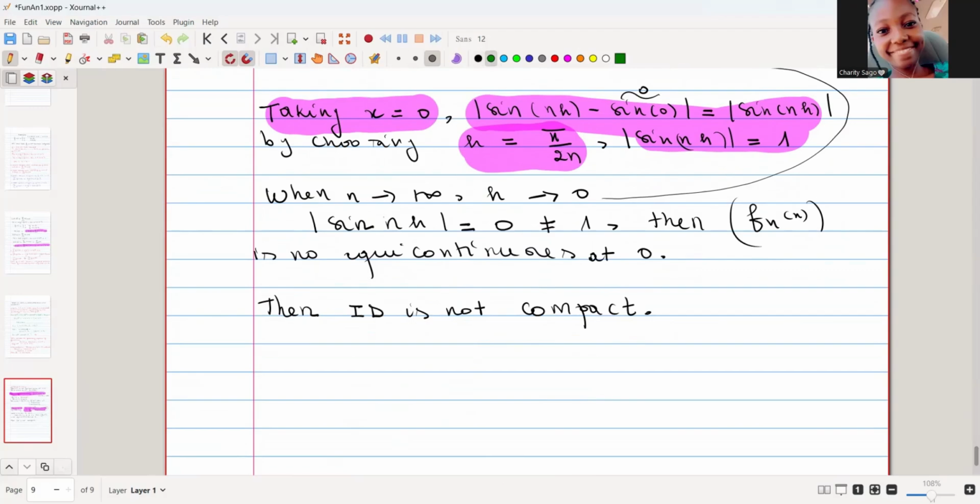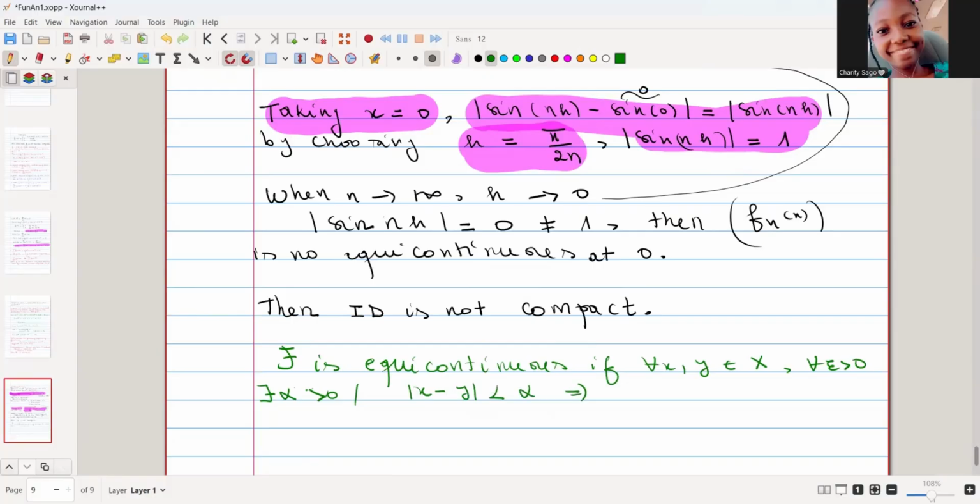So you know that a family of functions F is equicontinuous if for all x and y in X, and for epsilon positive, there exists delta such that the absolute value of this less than delta implies that the absolute value of this minus this is less than epsilon for all f in the family of functions.